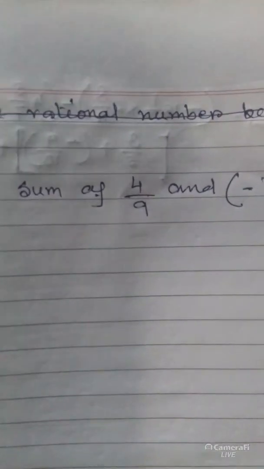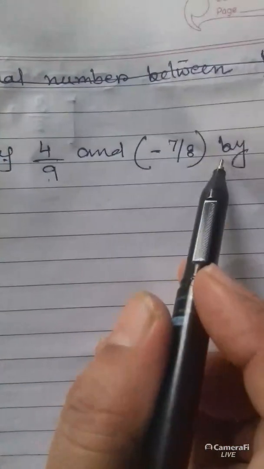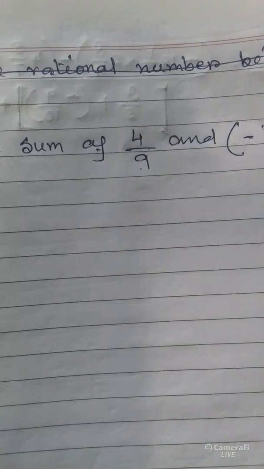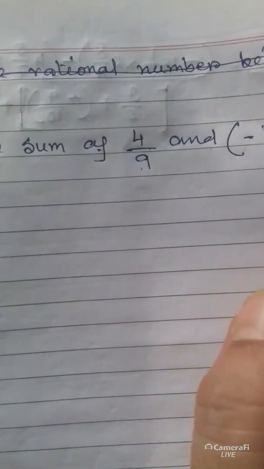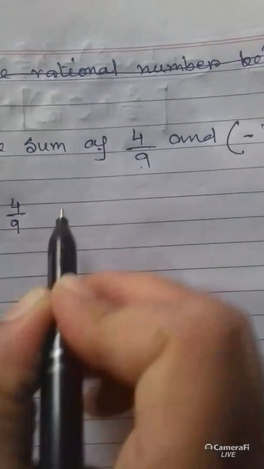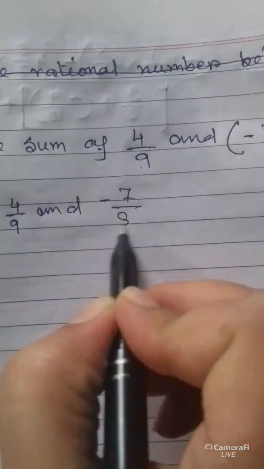Now next math. Divide the sum of 4 by 9 and minus 7 by 8 by their product. First we have to find the sum of 4 by 9 and minus 7 by 8.